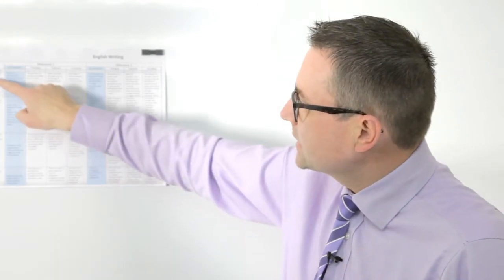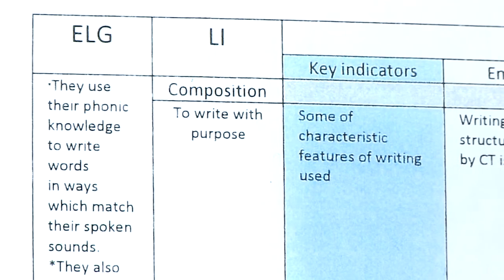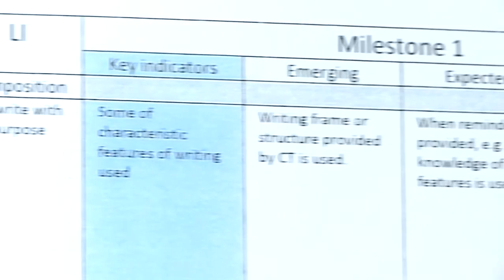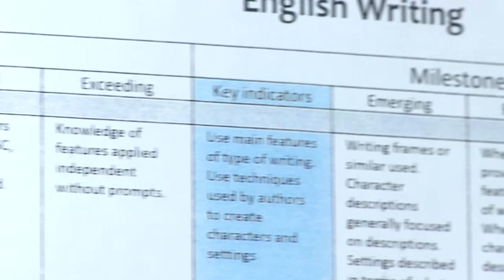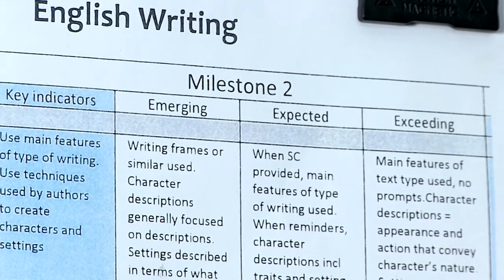So for each learning intention within writing that you have down the side here, we can then look at what that looks like at each milestone, and then depending on what the children achieve, we're looking for those characteristics at the different stages within each milestone.